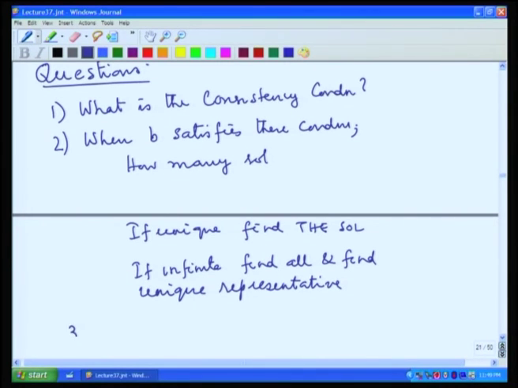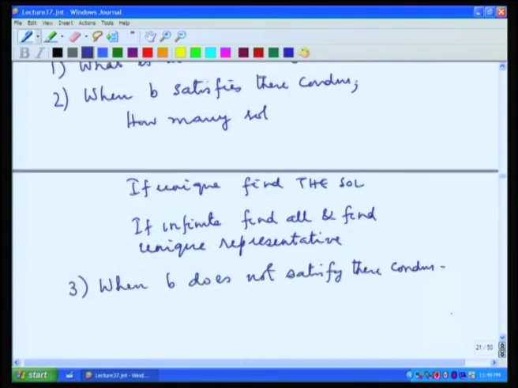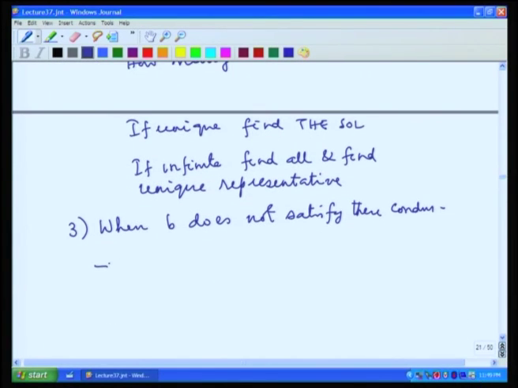And then we have to worry about when b does not satisfy these conditions, then we have to worry about what is known as the least square solutions.